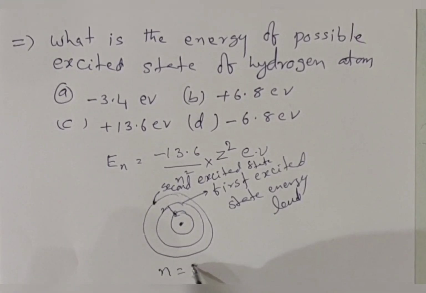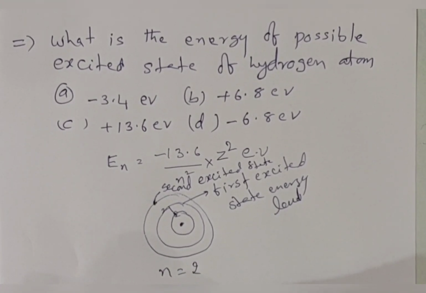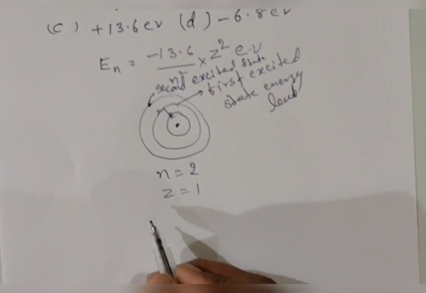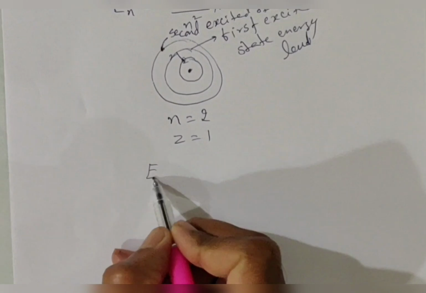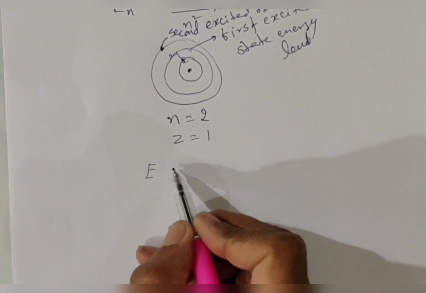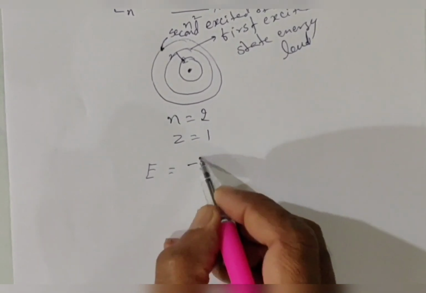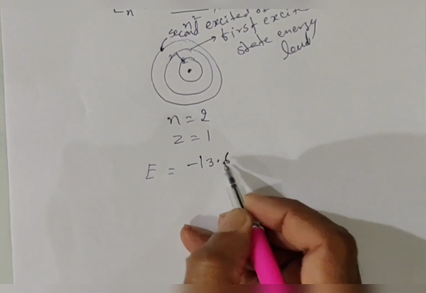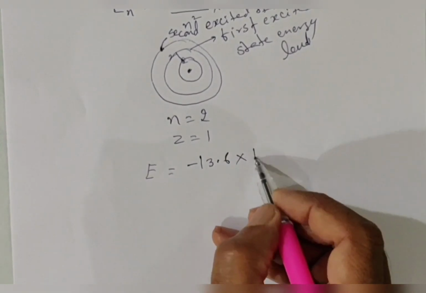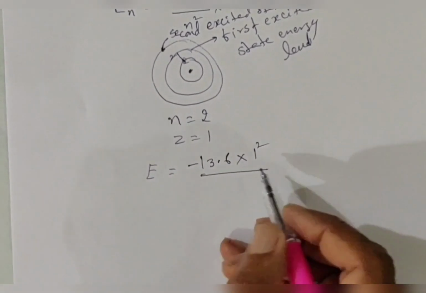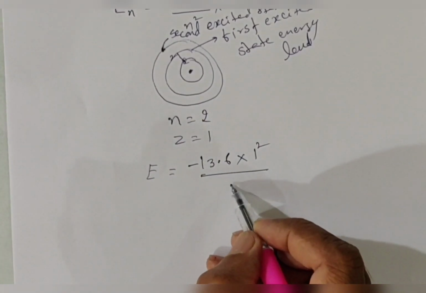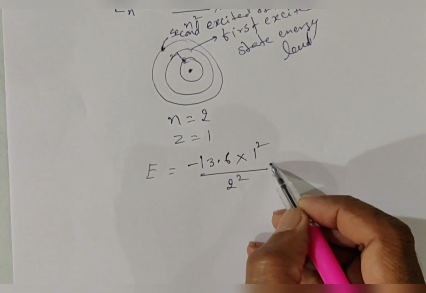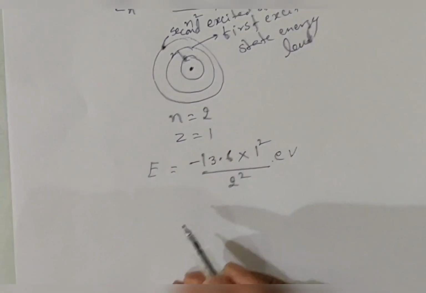Now N is equal to 2, Z is equal to 1 for hydrogen. Now we have to substitute these values in the general mathematical expression, E is equal to minus 13.6 into Z is 1 square by N square is 2 square, in electron volts.